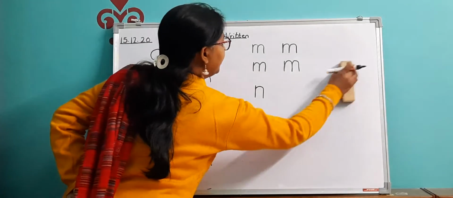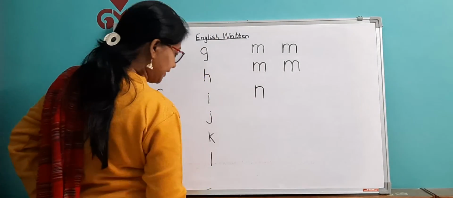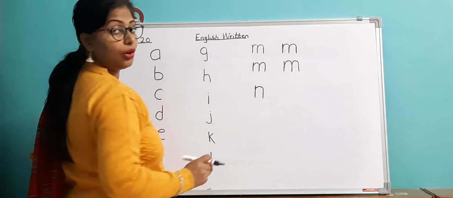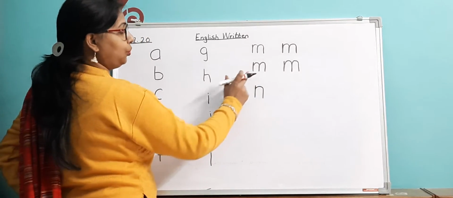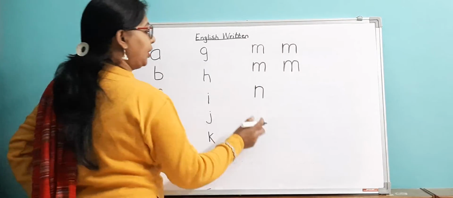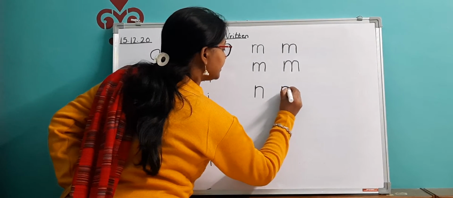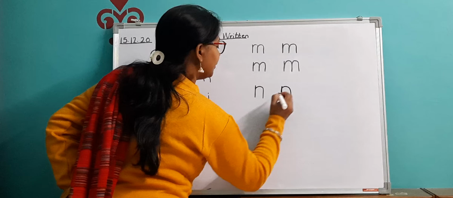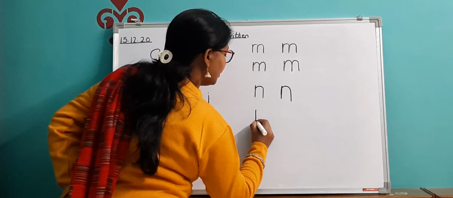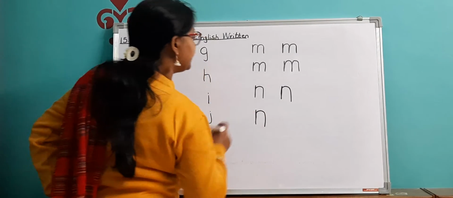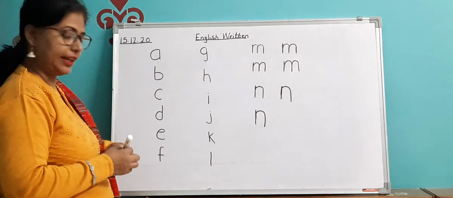When you turn u upside down, here you have two u's upside down, and here you have one u. U for umbrella. This is n, n for nose or n for nest.